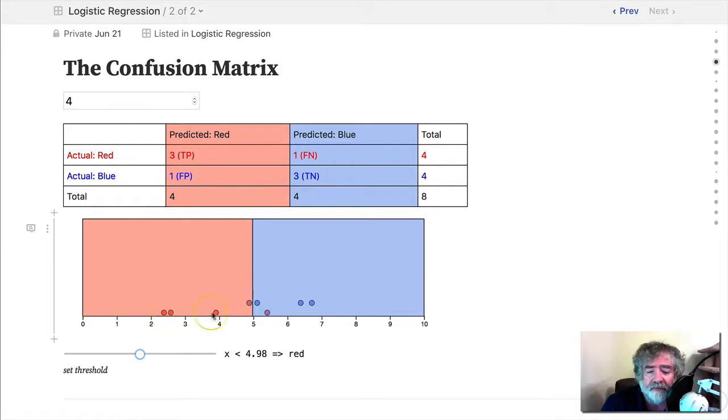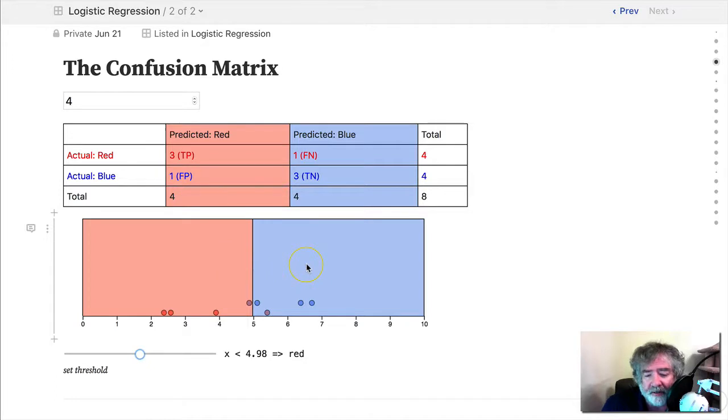Here we've got 4 positive classifications, 4 negative classifications, 4 and 4 right there. 3 of the positive classifications are correct. That's that cell. And 1 of the positive classifications is incorrect, right here. 3 true positives, right here. 1 false positive, right here.